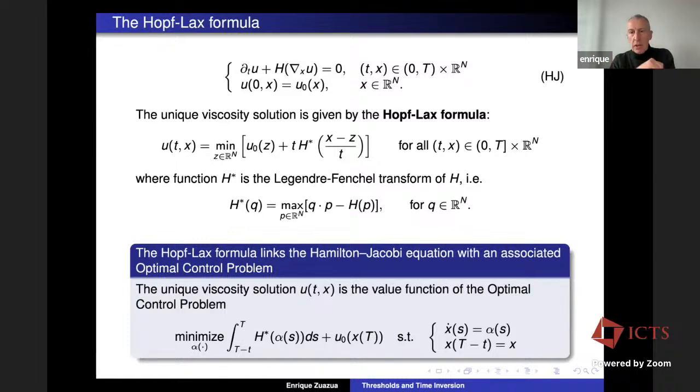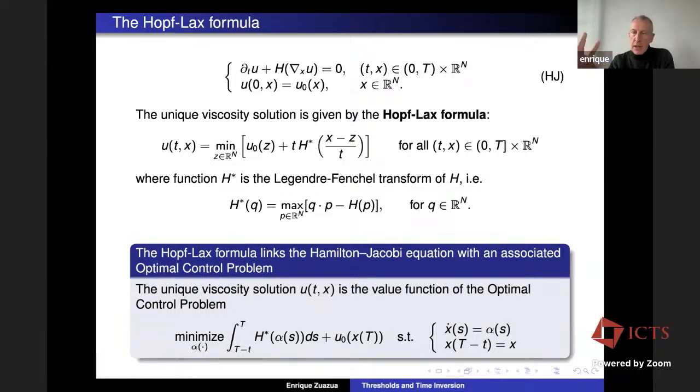Okay? So now when the flux H is convex, when the Hamiltonian H is convex, which is the case I will treat here, you could also treat the same problems for more general Hamiltonians that are non-convex, and this will be much harder. This is still mainly open. You also enjoy the Hopf-Lax formula.